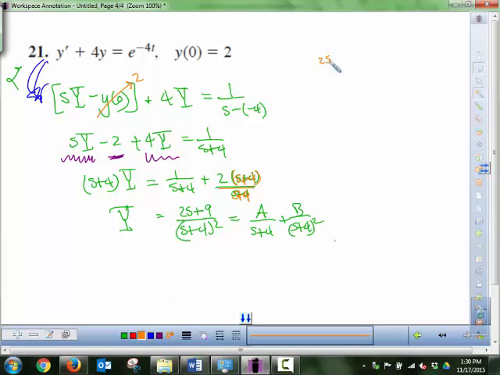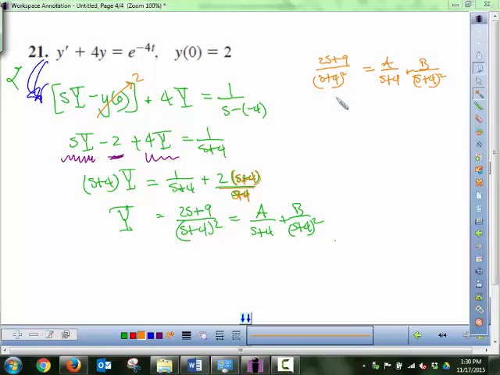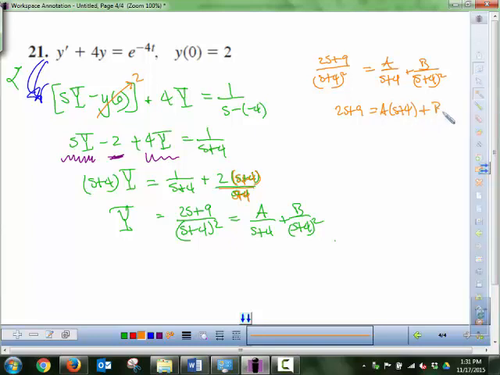I got 2s plus 9 over s plus 4 quantity squared is equal to a over s plus 4 plus b over s plus 4 squared. And then I'll multiply both sides by s plus 4 squared. So I have 2s plus 9 is equal to a times s plus 4, and then I have b by itself.